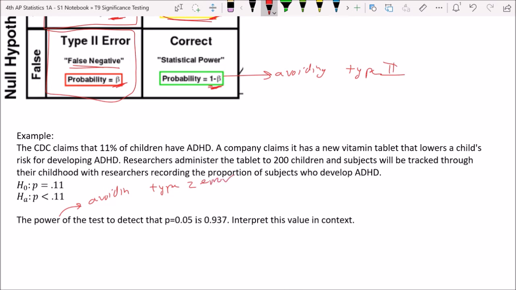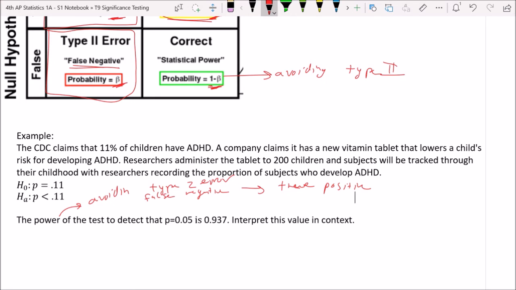But avoiding a false negative would also be like getting a true positive. So yes, you're avoiding the false negative, but because you're avoiding the false negative, you're getting the true positive, because if the negative would be false, then the positive would have to be true. And that's going to inform how we answer this question.